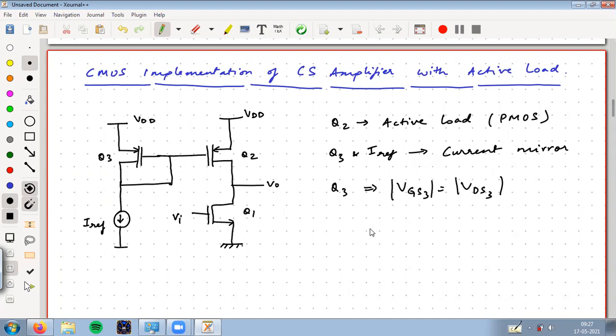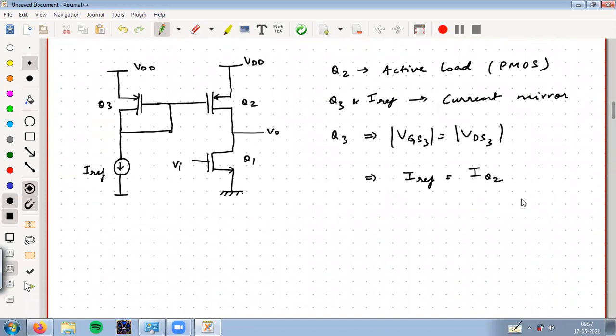Another thing is whatever I reference is flowing will be the same as IQ2, meaning the currents in both the branches, if Q3 and Q2 are properly matched.